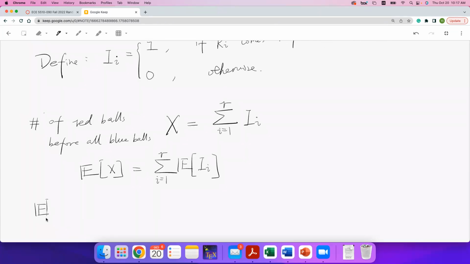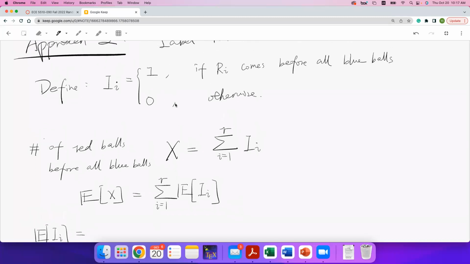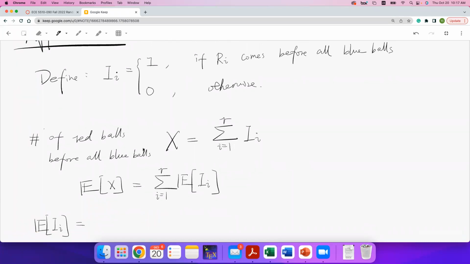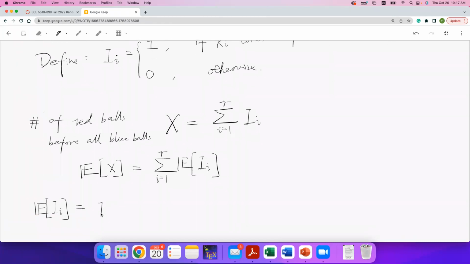Let's look at this one. Because I_i is a binary random variable, the expectation is 1 times the probability that I_i equals 1, plus 0 times the probability that I_i equals 0, which is just the probability that I_i equals 1.